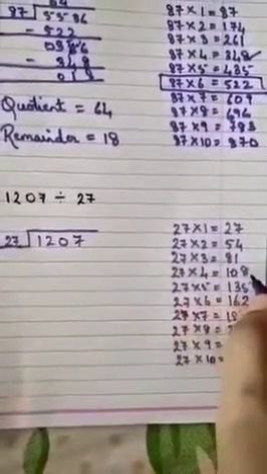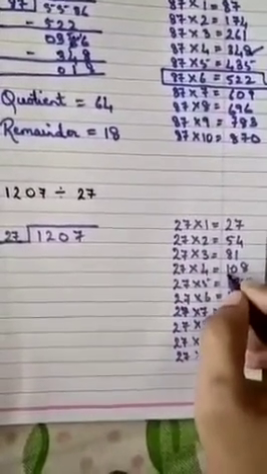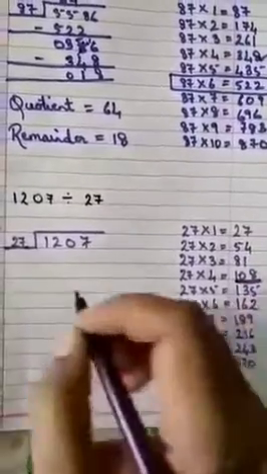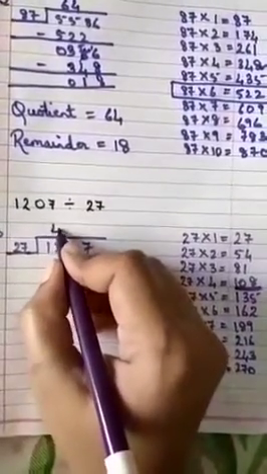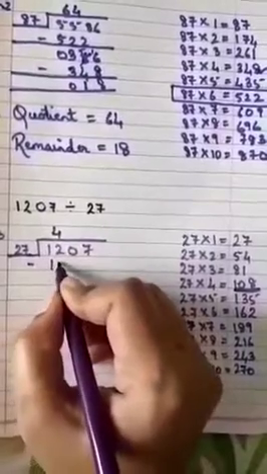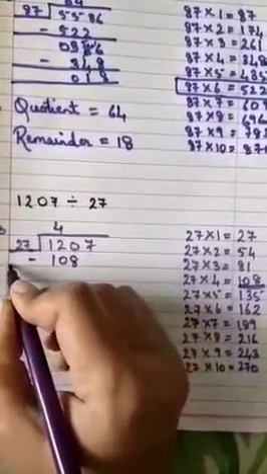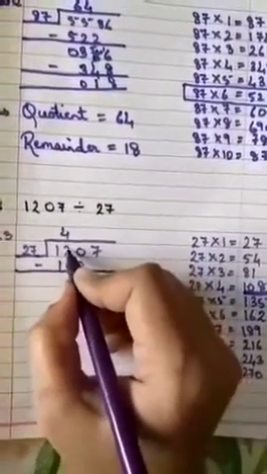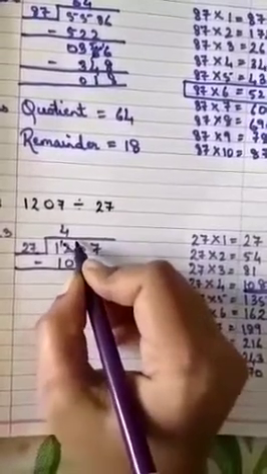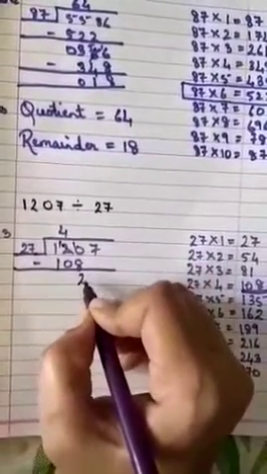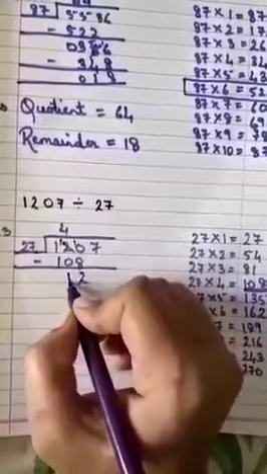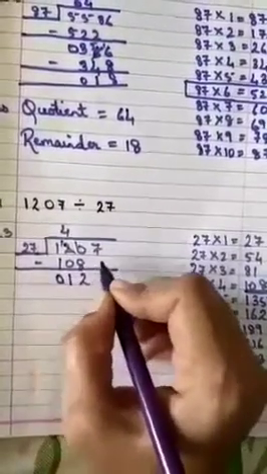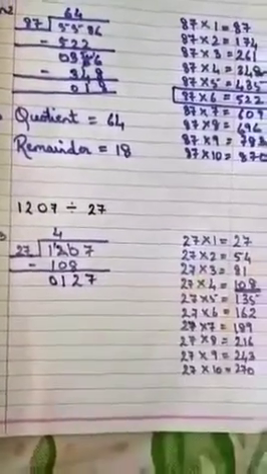So this is the number we will write now. 120 minus 108: 0 minus 8 we borrow, so we get 2, 1 minus 0 is 1, and 1 minus 1 is 0. 7 will come down.